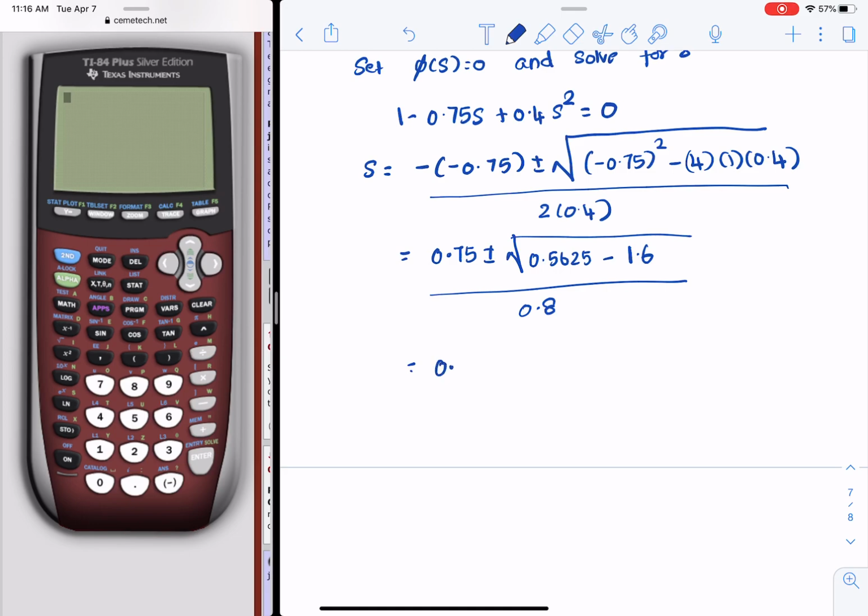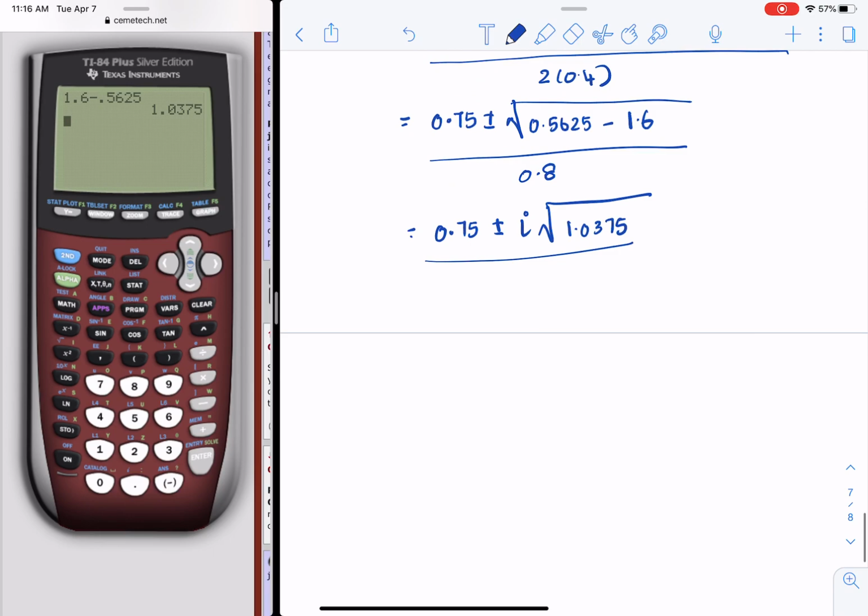So that is 0.75 plus or minus 1.6 minus 0.5625 is 1.0375, but I reversed the order, so that would equal to i times the square root of 1.0375 divided by 0.8.